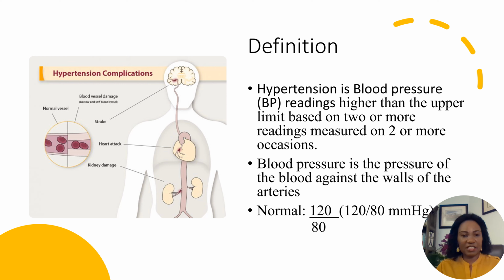The channels that take blood out of the heart are known as the arteries, while the channels that take blood from the tissue, so the waste products, back to the heart, are known as veins. Okay, so we have arteries and veins. Now, the channels through which the blood travels are known as arteries or the vasculature.